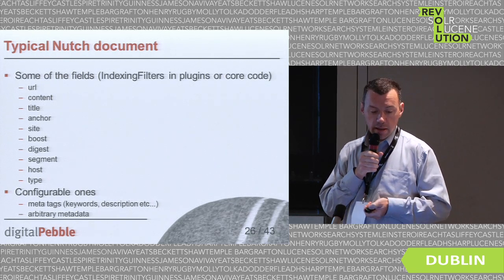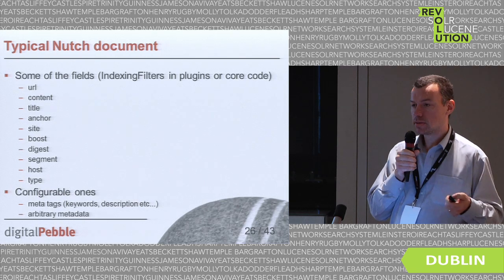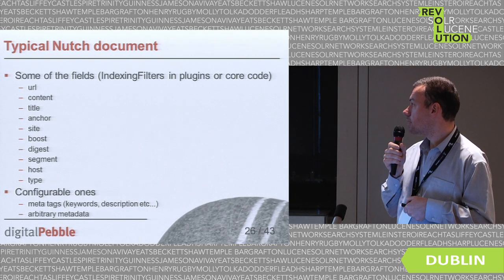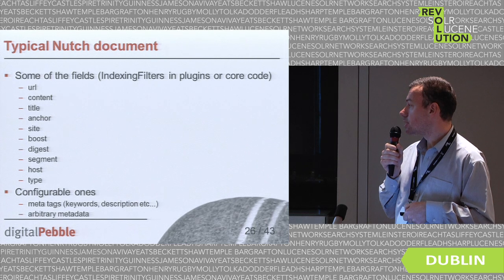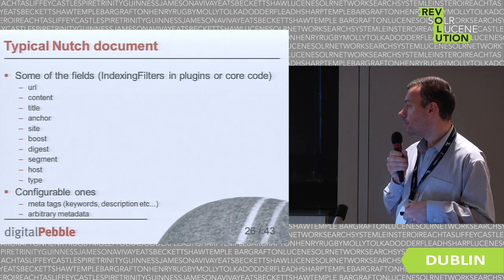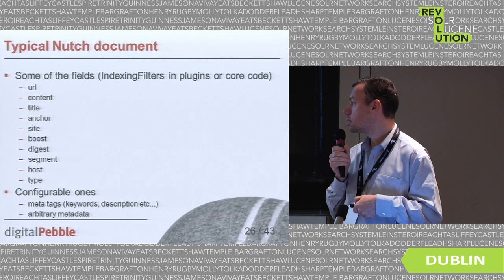That's based on the indexing filters that you want to activate or not, and some of the fields are generated by plugins that you can configure, like the meta tags one. If you configure it to use the keywords or the description, it will generate a field accordingly.